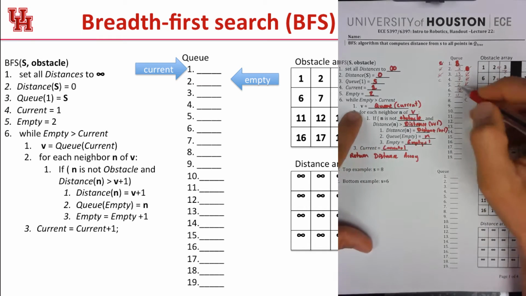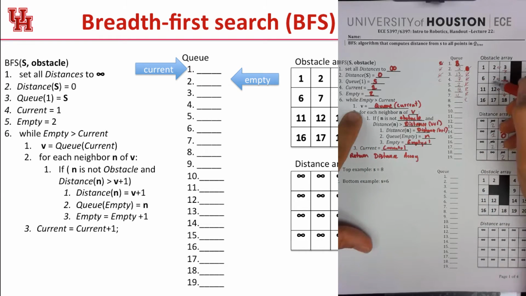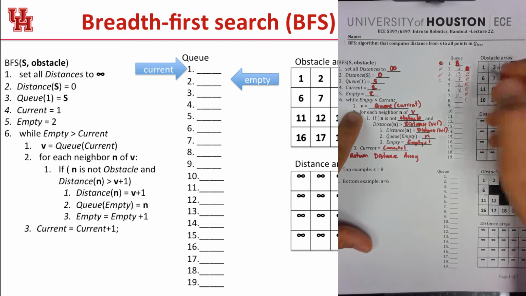And so I'm grabbing now, looking at 7. 7 up here. So I'm going to look above it because my current value is 1. It's not an obstacle, but it costs the same to visit it. So I'm not going to visit from 7. 8 it would be more expensive to visit than 7. 12 would be the same cost. So the only one that's left of my neighbors is going to be 6. 6 is not an obstacle. Infinity is greater than 1 plus 1.